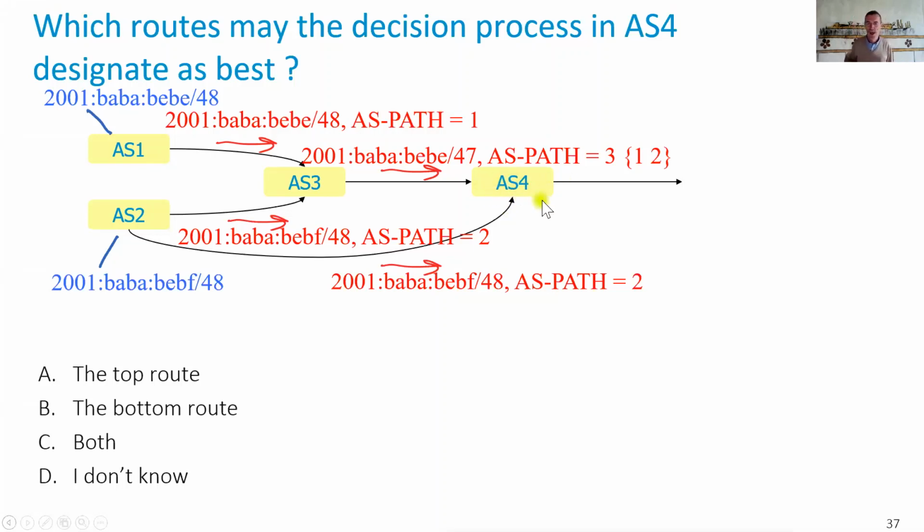Now AS4 has received those two prefixes, 2001 Baba BB /47, AS-path 3, 1 or 2, and this longer prefix, 2001 Baba BibF /48, AS-path 2 here. Assume one of the routers in AS4 receives those two, which will the decision process designate as best?